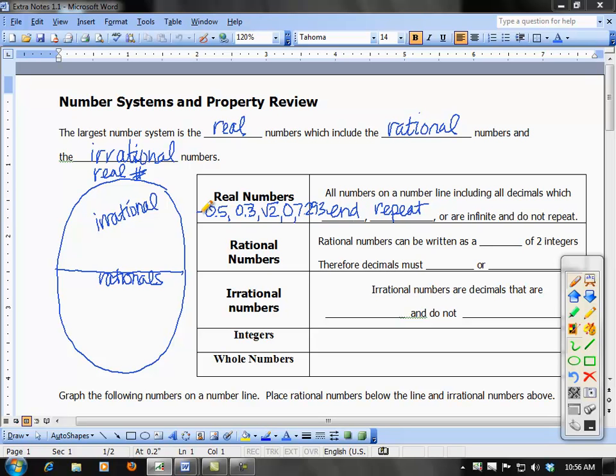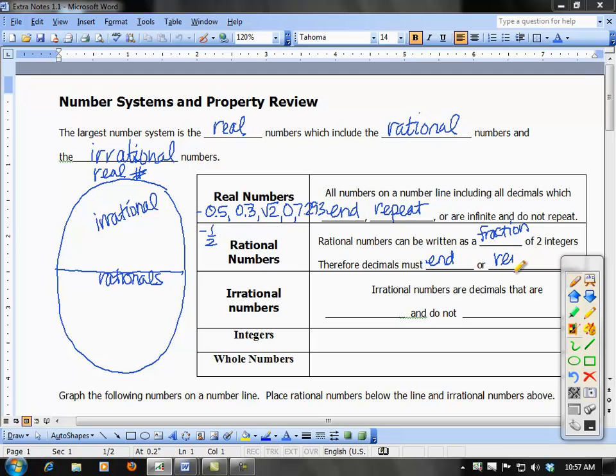Now, let's split this up. Rational numbers are numbers that can be written as a fraction, and we actually call that a quotient, but we'll go a little easier today. They're a fraction of two integers. And so decimals either have to have an ending point, because negative 0.5 is the same thing as negative 1/2. It's a fraction where there's a number divided by a number.